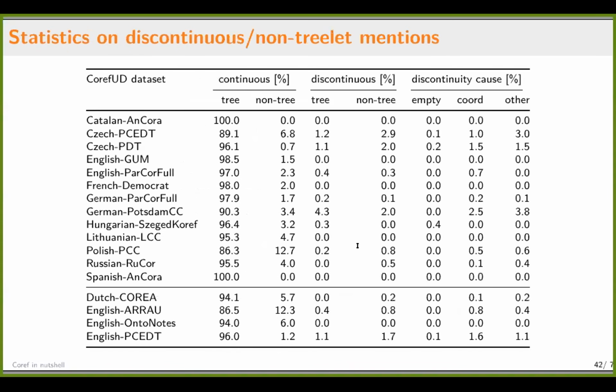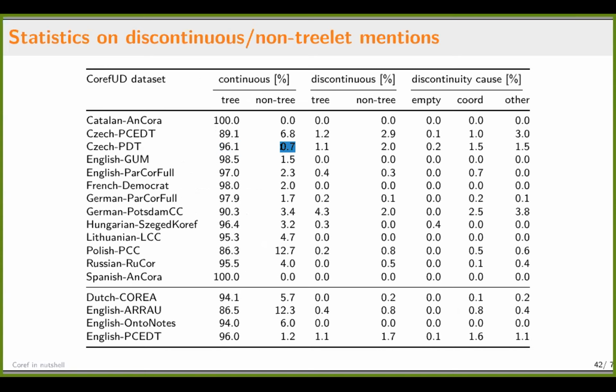And let's see a more detailed table. So here in the first column, this is the percentage of mentions which are continuous and treelet. So this is what we expect. Some of the linearly continuous mentions are non-continuous in the tree. So these are non-treelet continuous mentions.